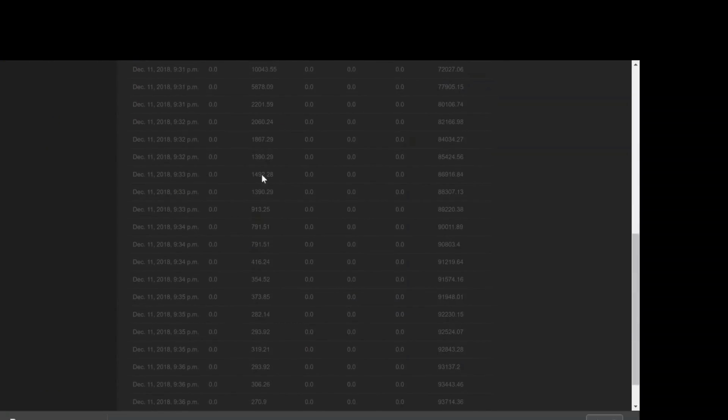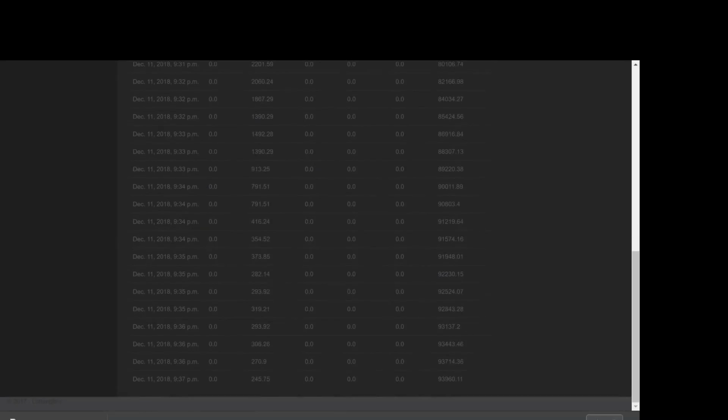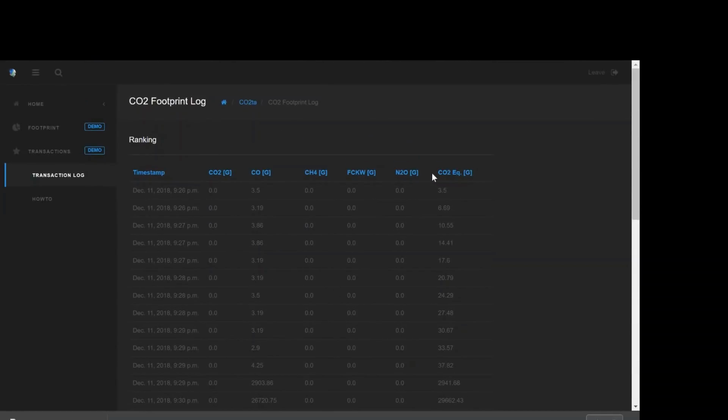But the experiment lasted a little bit longer, and you can see after the cigarette was finished, the emissions decreased. The last column are the CO2 equivalent values, and you can see that this is basically exactly the same as CO. That's because CO has the same impact on our environment as CO2.